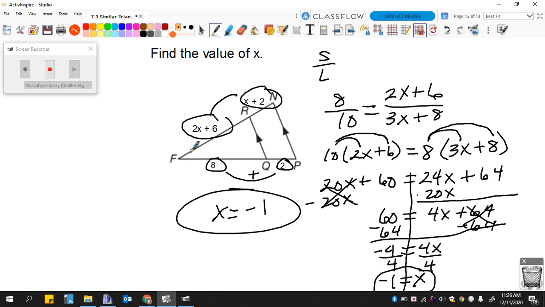So that side length there would be 4. And negative 1 plus 2 is positive 1. So that side length there would be 1. But yeah, sometimes you might end up with an x value that's actually a negative number.